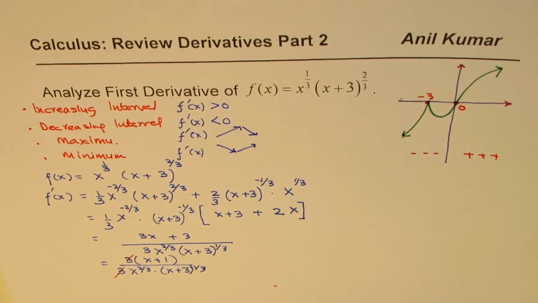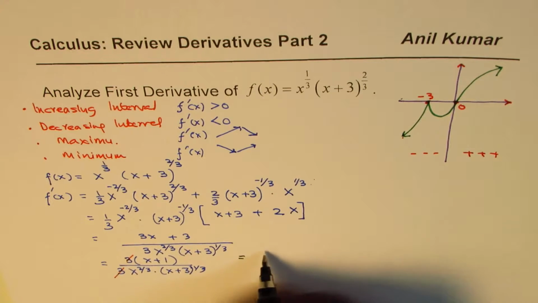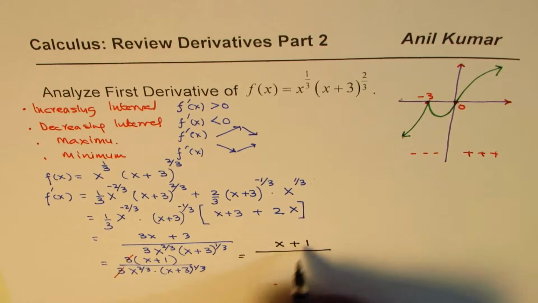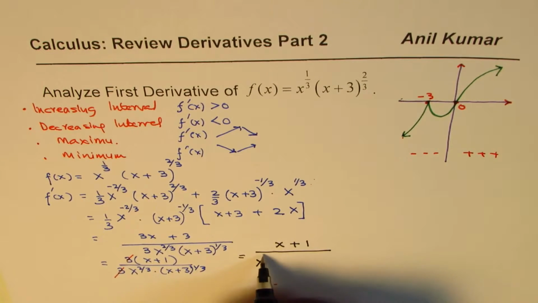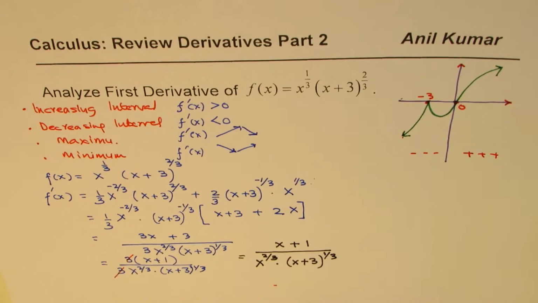So once they cancel off, we could write this as x plus 1 over x to the power of 2 over 3 times x plus 3 to the power of 1 over 3. Is that clear? So after simplification, we get all this.